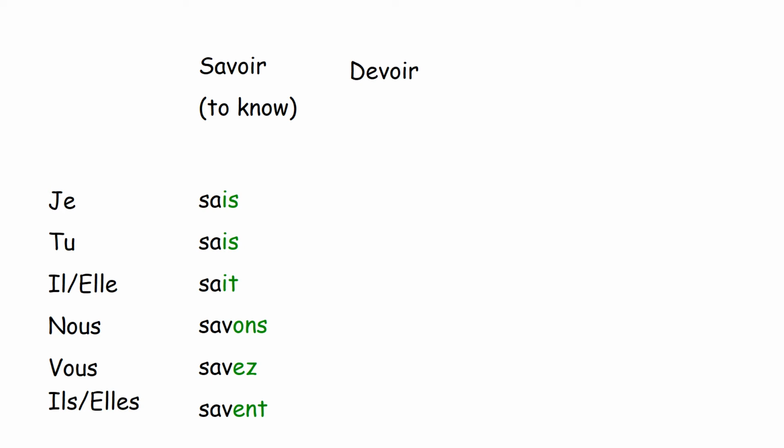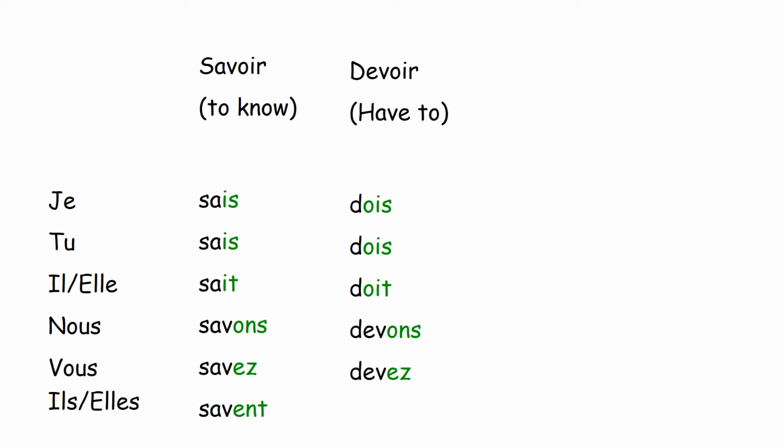Like for savoir you said sait, for devoir you will say doit. Je dois, tu dois, il or elle doit, nous devons, vous devez, ils or elles doivent. Okay?